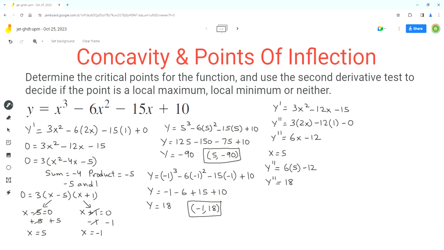So in this case, y double prime is greater than 0. So that means there is a local minimum at the critical point 5, negative 90.